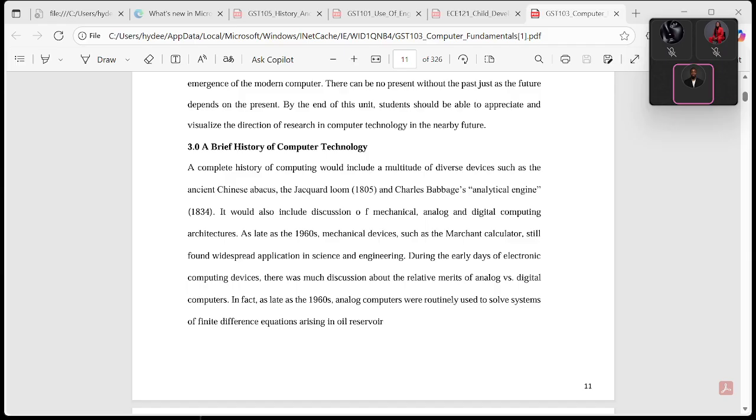When it got to ENIAC around 1945, two years after Turing's Colossus machine, they were able to bring about the first programmable electronic computer. This time around, it was controlled by external switches, but it was limiting the speed. External switches are still almost like vacuum tubes. They are still vacuum tubes.